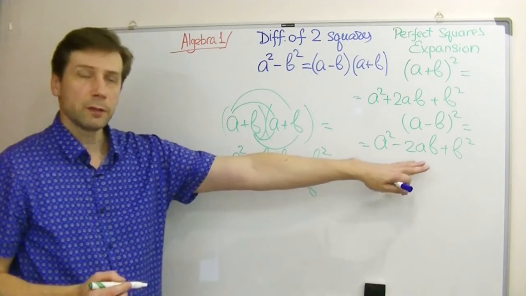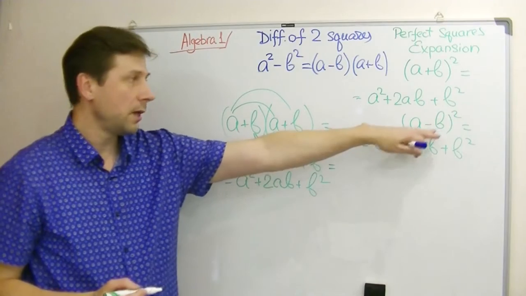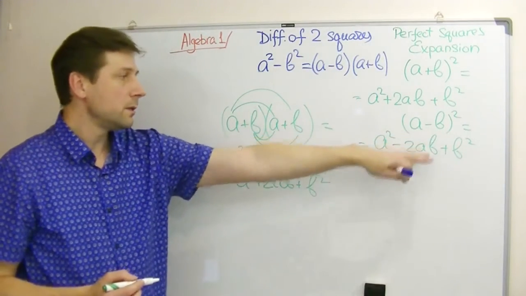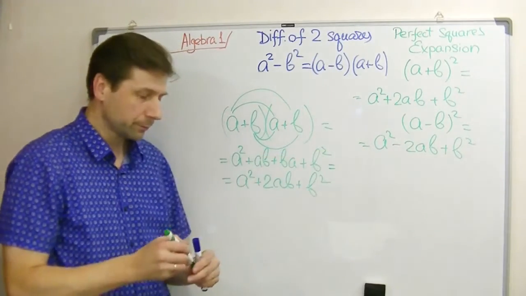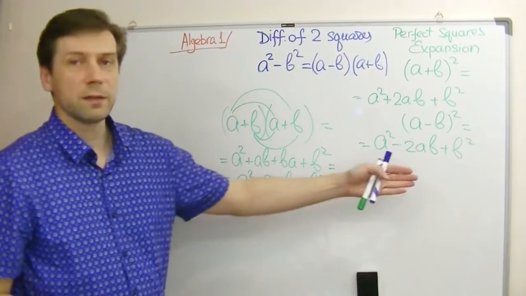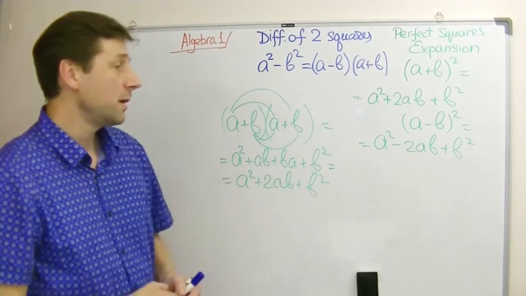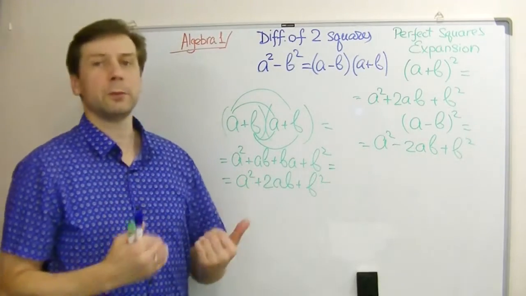The same thing applies to the next expression. A minus b squared is equal to a squared minus 2ab plus b squared. How can we use these formulas again to simplify the calculations?